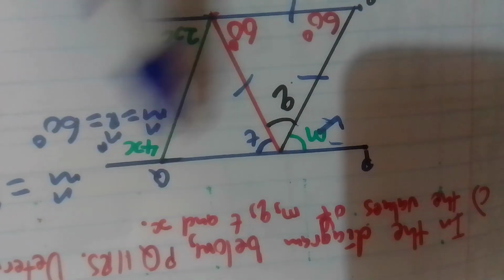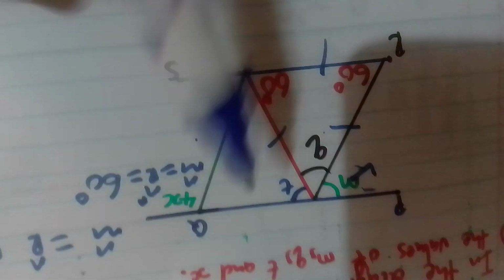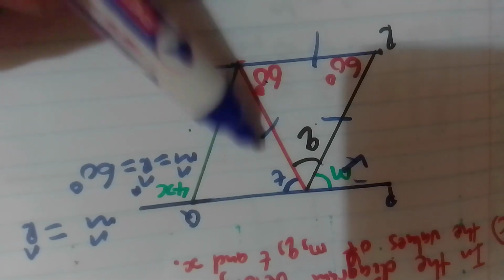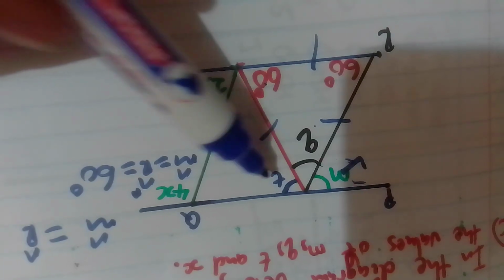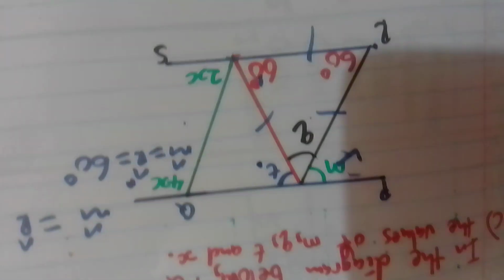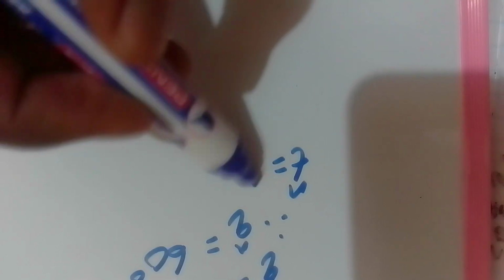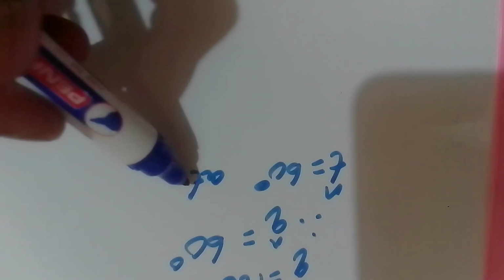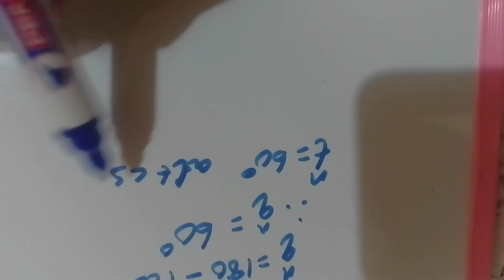We have parallel lines here, PQ and RS, which means 60 is equal to T, and the reason being alternating angles. So we see T is equal to 60 degrees, and our reason is alternate angles. Why are they alternating angles?